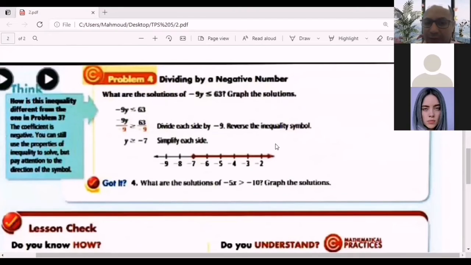Now we have another example where the coefficient of the variable has a negative sign. As you're watching this video, when I see a negative inequality here, should you flip the sign or keep the sign the same? Jamila, when I see a negative number, should you flip the sign or keep it the same?